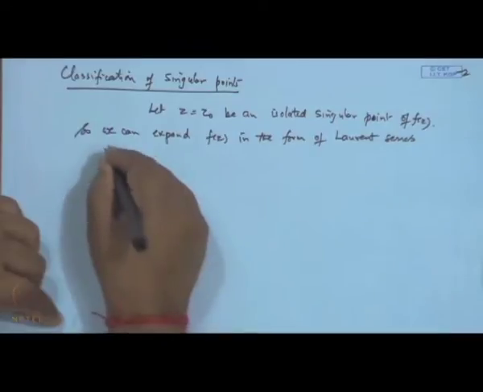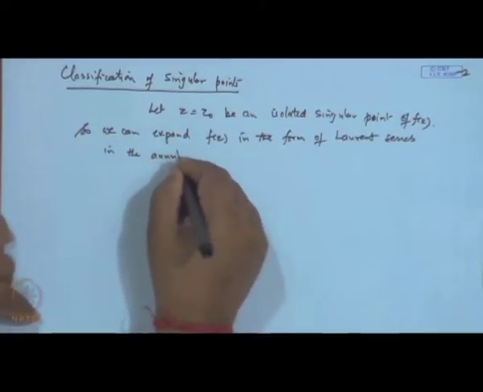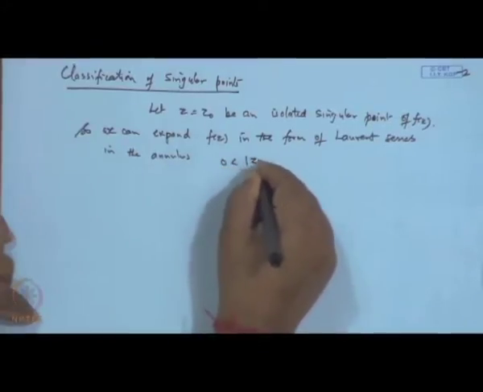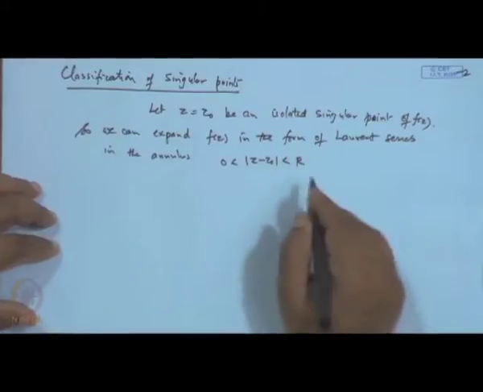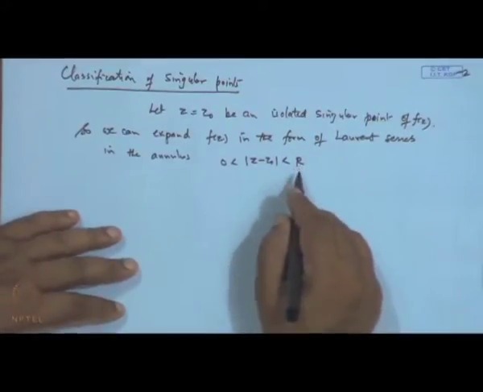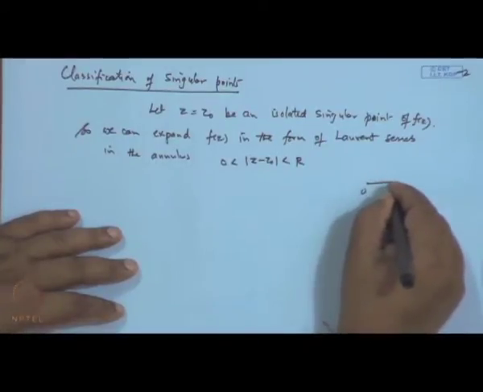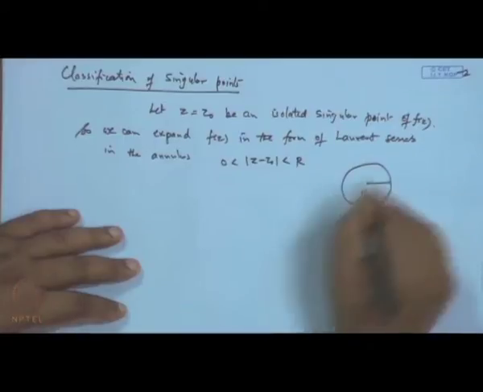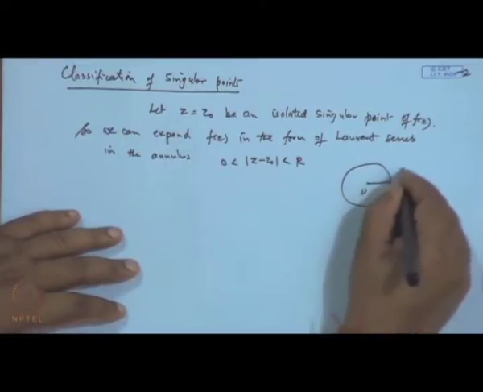in the neighborhood, in the annulus 0 less than mod z minus z naught less than r, where r is the radius of this annulus, meaning the outer circle, where all the singularities other than this z naught will lie outside it.